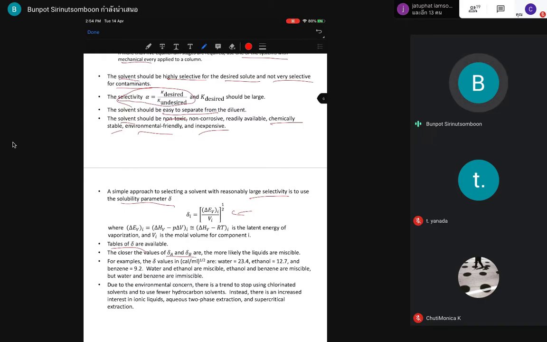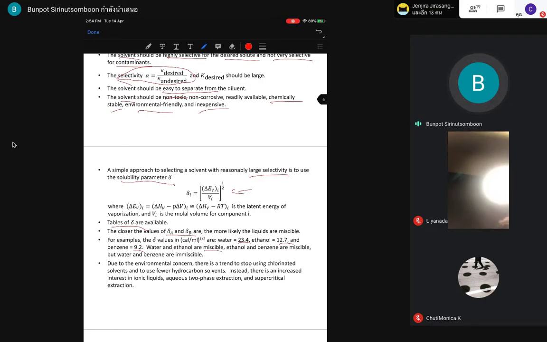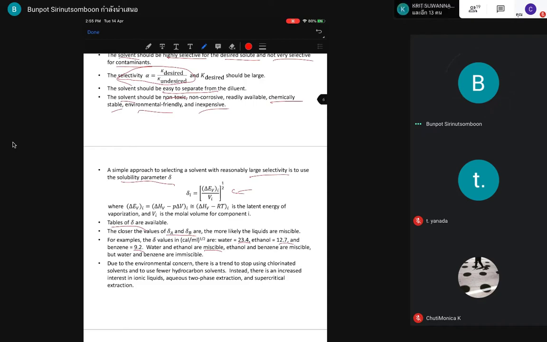If the two values are close to each other, it means they're easy to mix with each other. For example, the delta values of water, ethanol, and benzene: water is 23, ethanol is 12, and benzene is 9. Water and ethanol are miscible because their values are close to each other, right? Ethanol and benzene are also miscible because their delta values are close to each other.